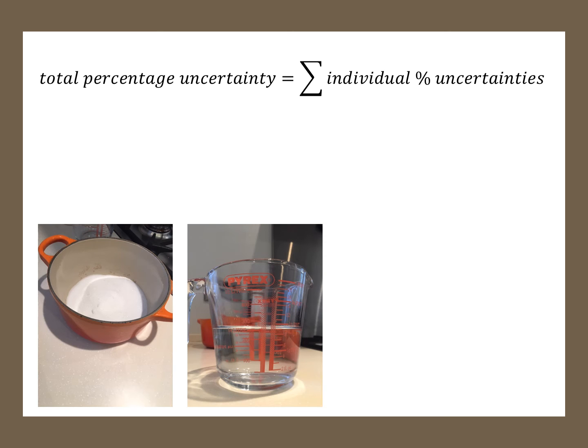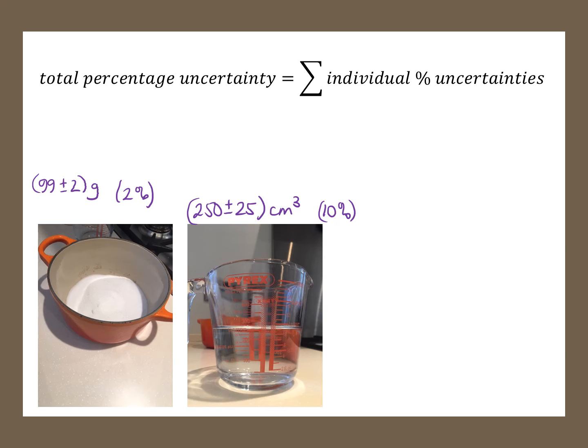Now we've got some uncertainties and some absolute values for each of these. So the volume that we measured, remember, was 250 plus or minus 25 centimetres cubed, and that was a 10% uncertainty in that measurement. Here the mass of sugar transferred was 99 plus or minus 2 grams, which is a 2% uncertainty.